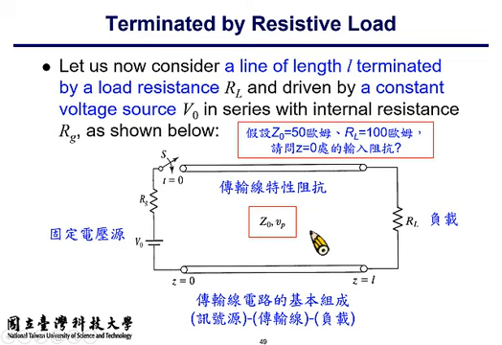You also need to specify the length of the transmission line. So in this figure, the left end is labeled as Z equals 0, while the right end is labeled as Z equals L. So L is the length of the transmission line.